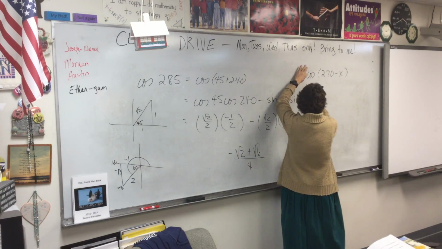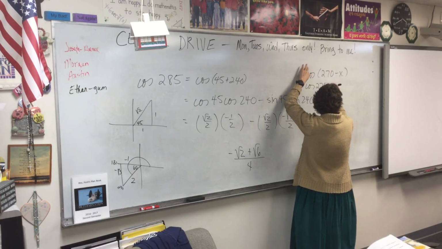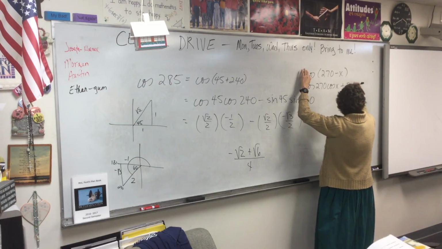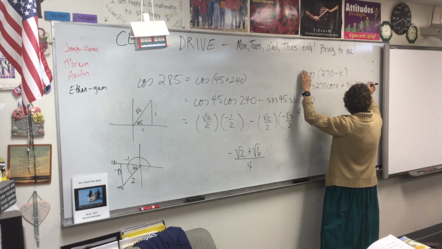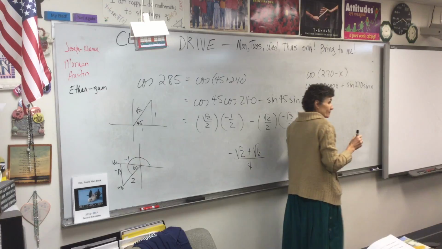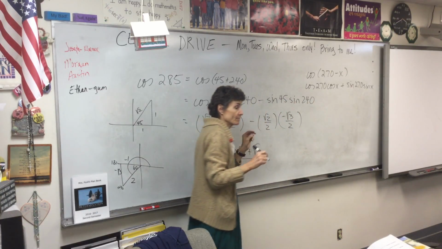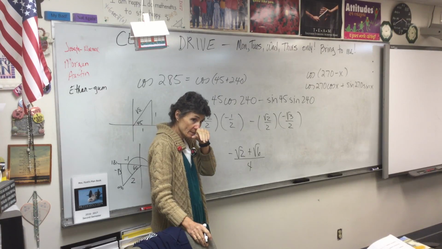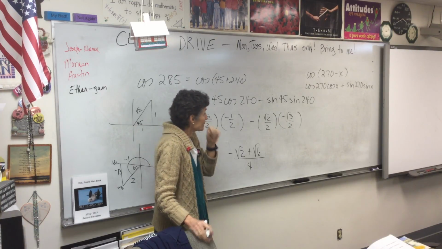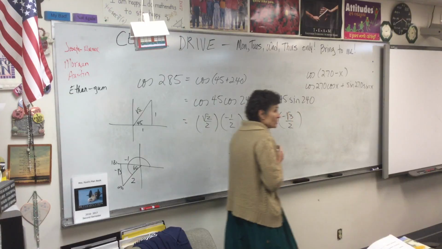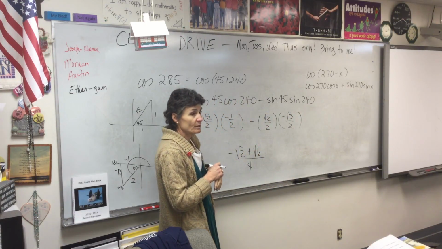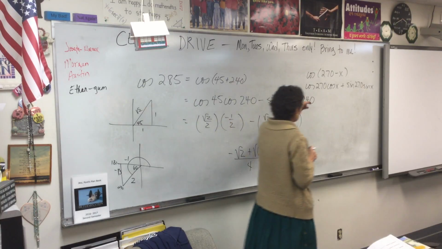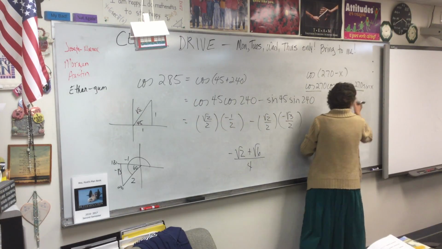What's this one? Cosine 270 cosine x plus sine 270 sine x. Everybody okay with that formula choice? So now what do we do? We've done a couple like this already today. What do we do here? We gotta plug numbers in for right here, right?